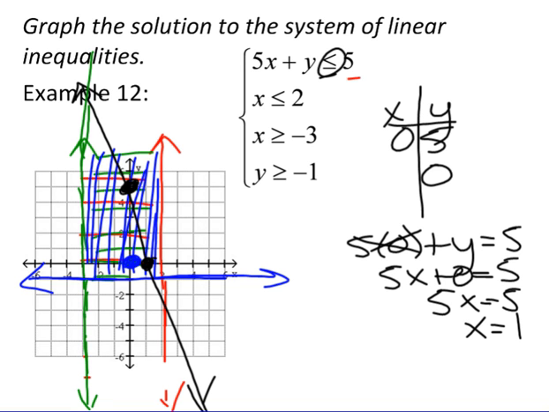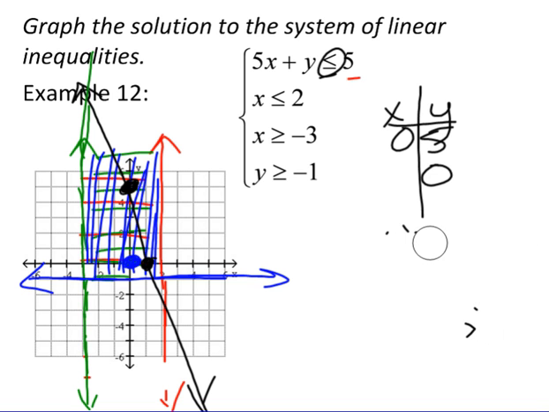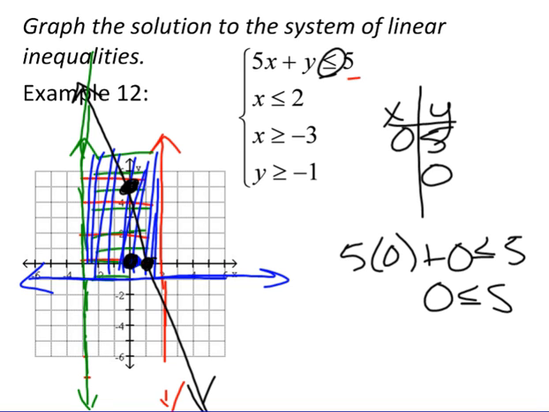And I'm going to choose 0, 0 again as my test point. Five times 0 is 0, plus 0. Is 0 smaller than 5? Yes, it is.